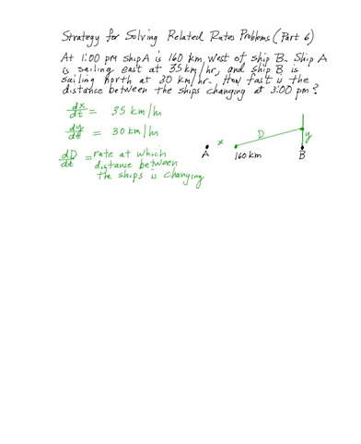Now, this isn't the only choice of how we could have set up our variables. Notice we have a right triangle, don't we?